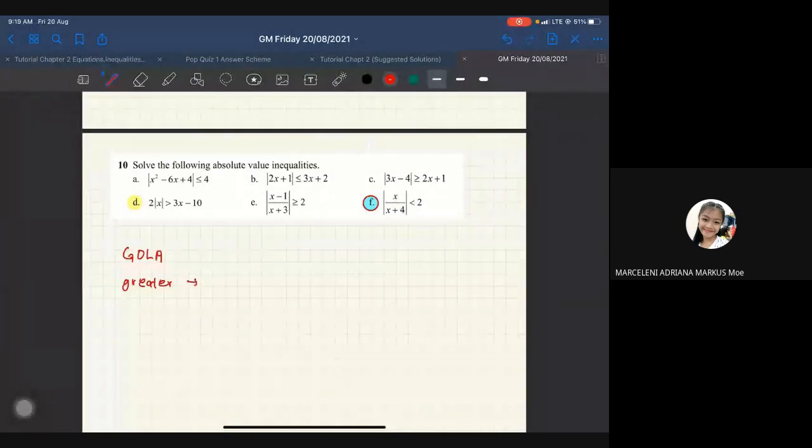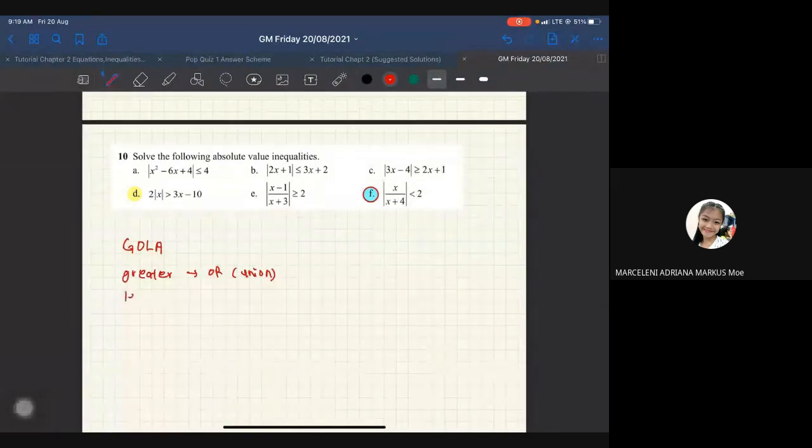Okay, kalau awak ada less sign, so we will take the and. And ataupun nama lain adalah intersection. Kawasan yang bertindih.